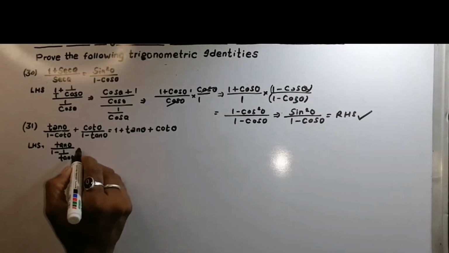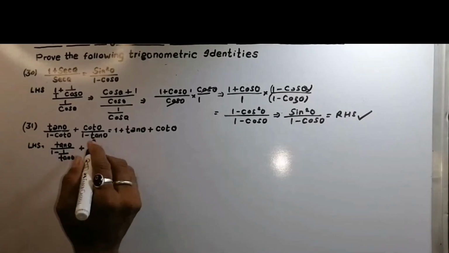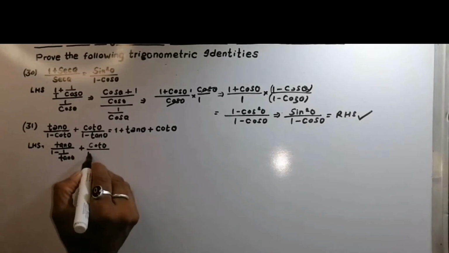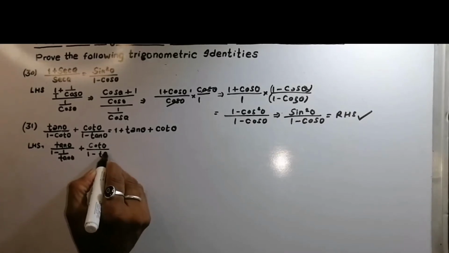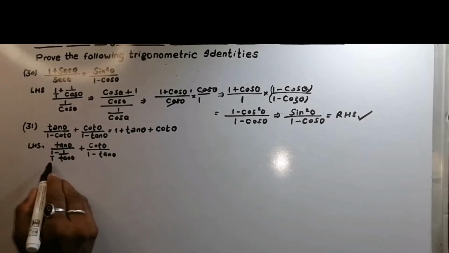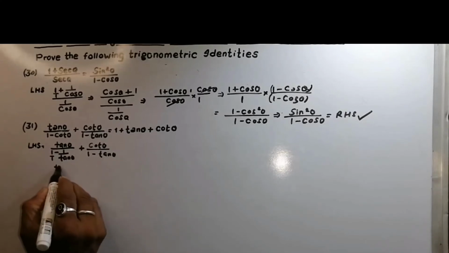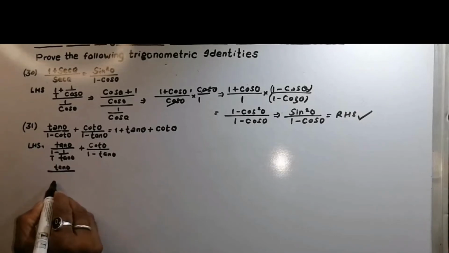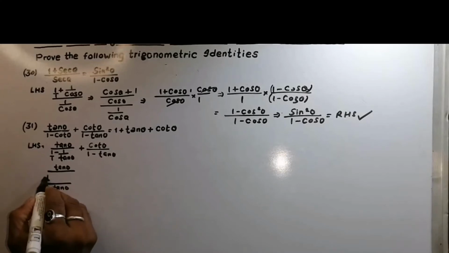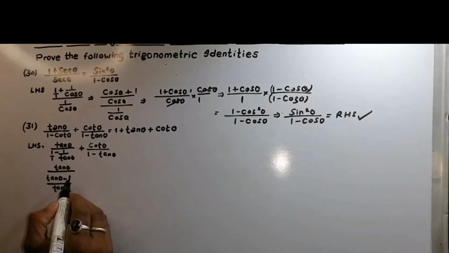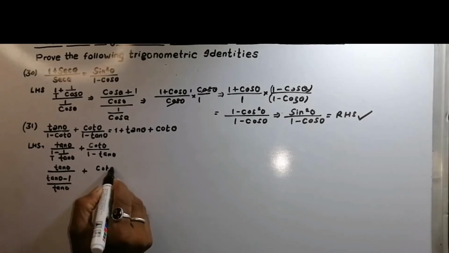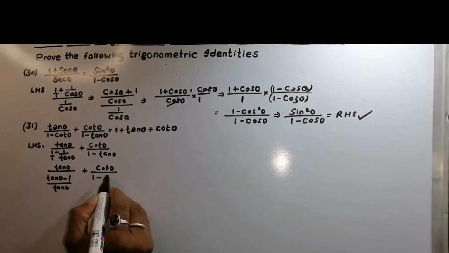Same like that, plus cot theta and 1 minus tan theta, same. If we take LCM of this 1 and tan theta, we get tan theta, and here we get tan theta minus 1 upon tan theta, and plus cot theta upon 1 minus tan theta.